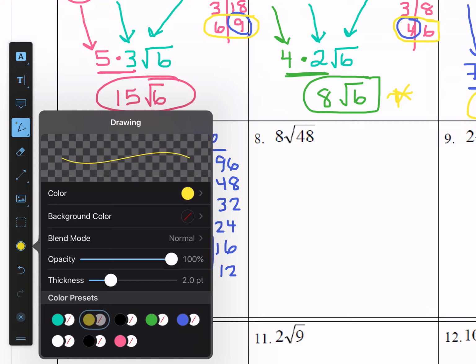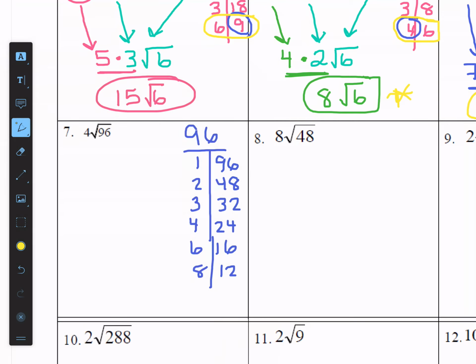Okay, so let's look at our list, see where we have perfect squares. 4 is a perfect square, and 16 is a perfect square. Okay, but remember, we have to ask ourselves, who is the biggest? And that is, in this case, 16. So we're using this pair of numbers, the 6 and the 16.